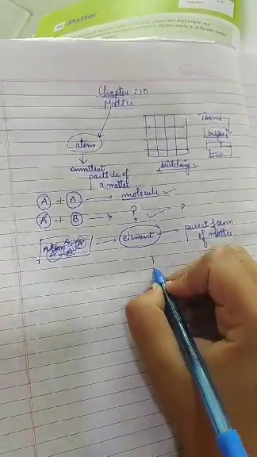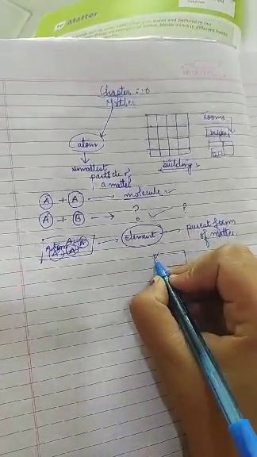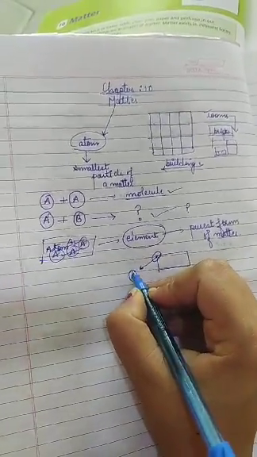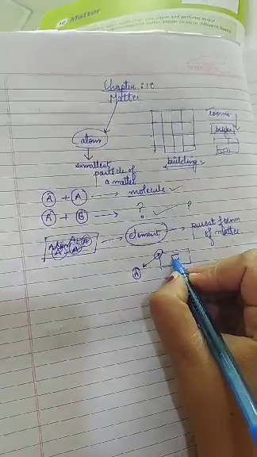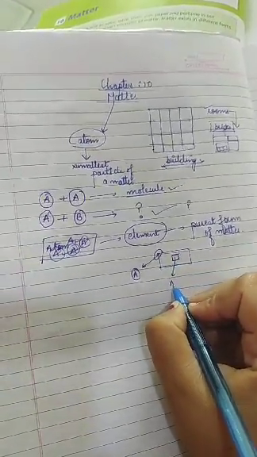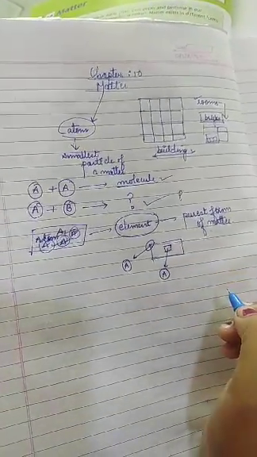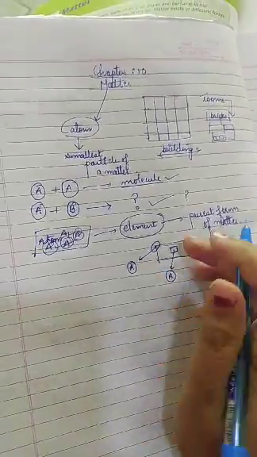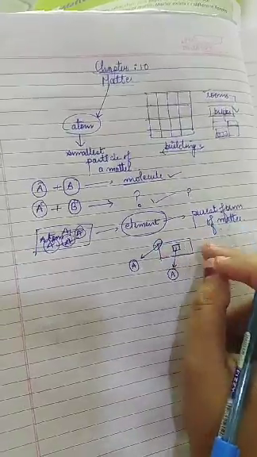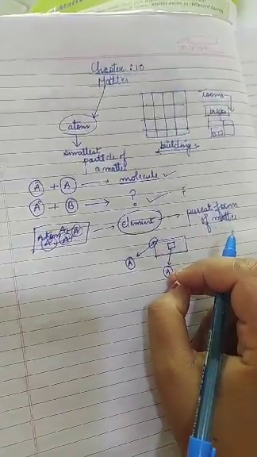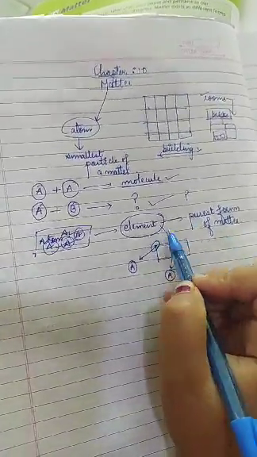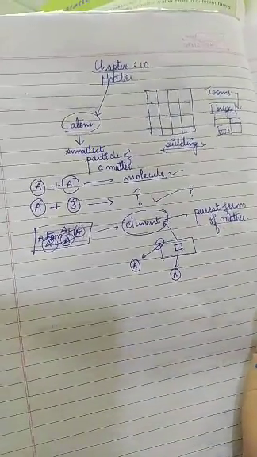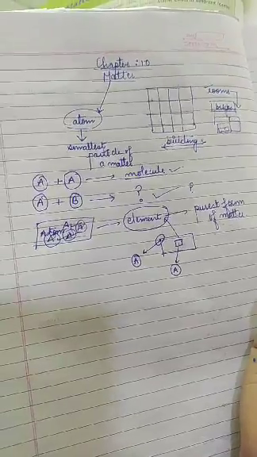Means if this is an element, if I break down from it, I get atom A. And if I break this part of this matter, and if I observe, then again it is an A atom. It is made up of A atom. It means if I break any of its parts, I'll get the same kind of atom. Then it is an element. वो क्या है? Element. Element is the purest form of matter.